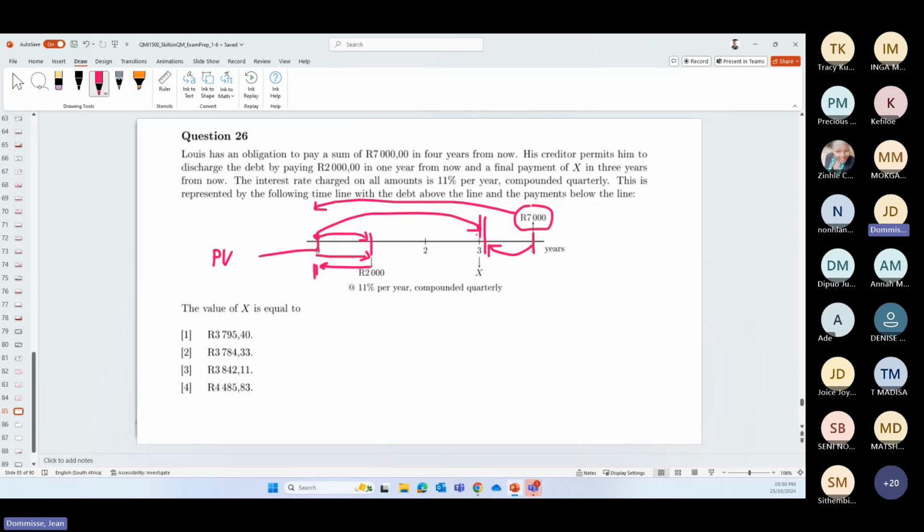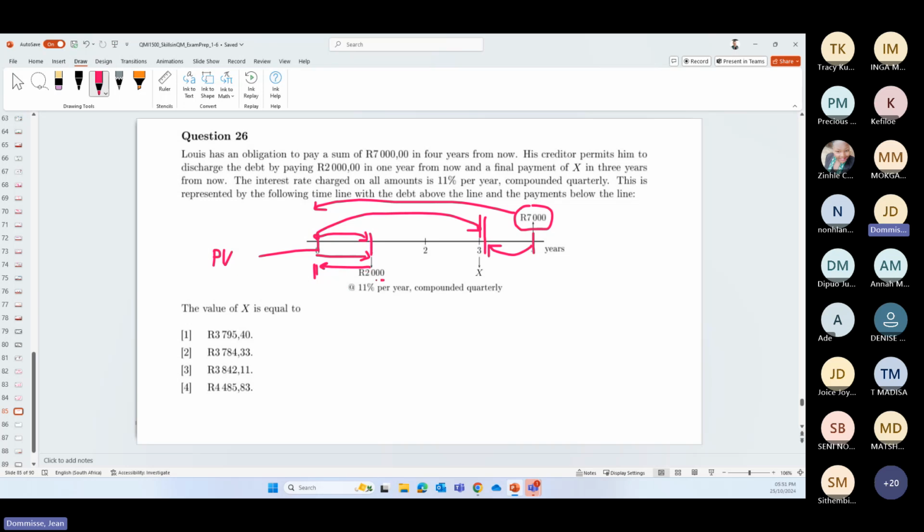But they never told us that in this. So let's rather do it this way, that we move the 2,000 back to get the present value.